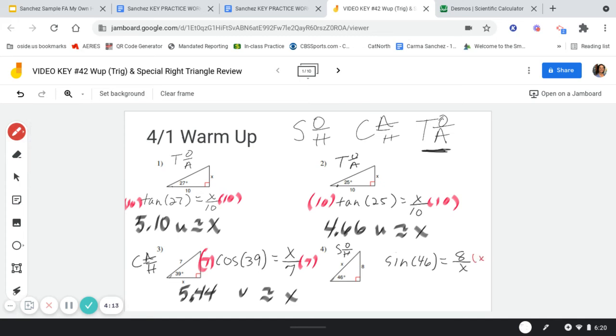So when we multiply by the denominator, it brings the x up. But this time there is an additional step where I now need to divide both sides by the sine of 46. So what you're actually going to plug into your Desmos calculator this time is 8 divided by the sine of 46 in order to solve for x.